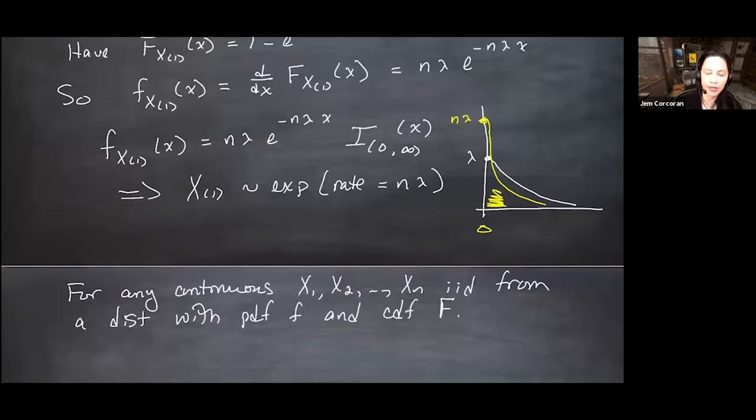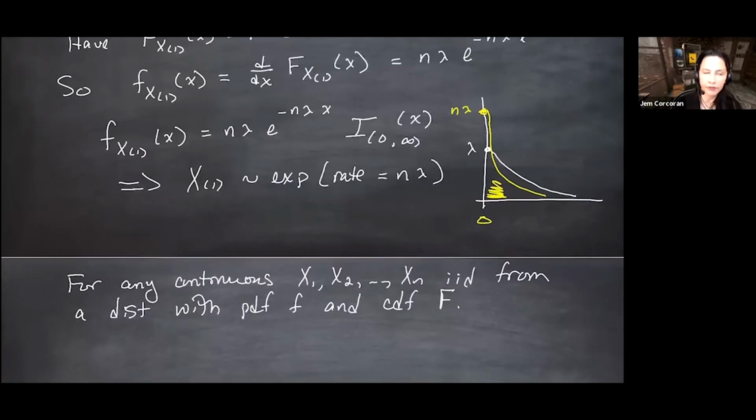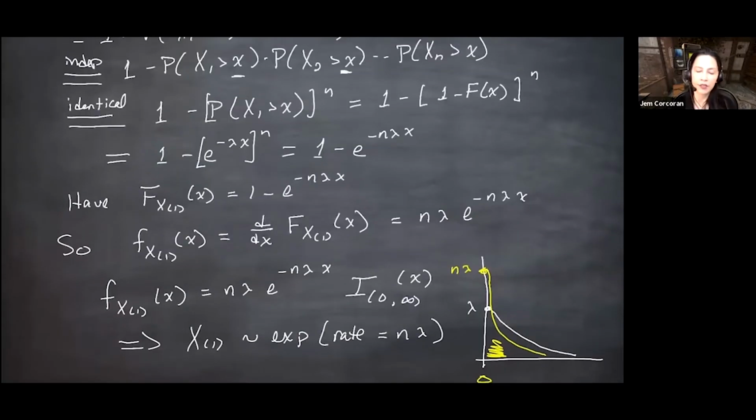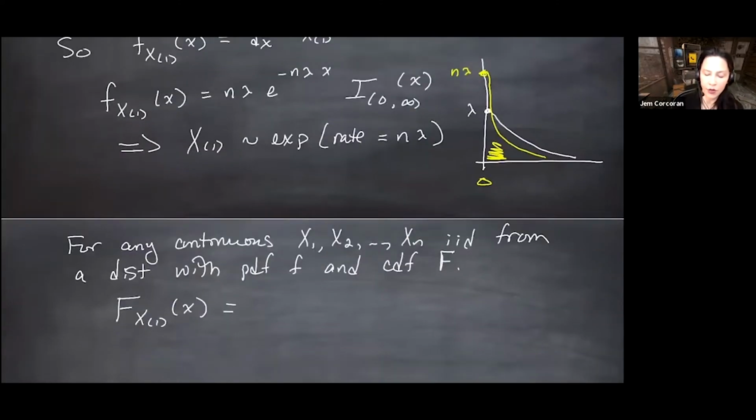So we can go through the same sequence of steps. The CDF for the minimum is always going to be this guy. So that is 1 minus 1 minus the original CDF to the nth power.